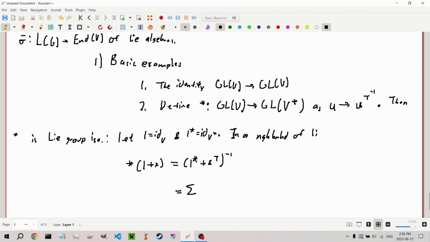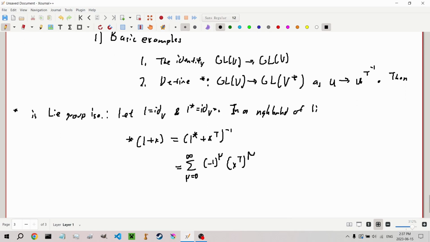Which is the sum over mu from 0 to infinity of -1 to the mu times x transpose to the mu, which is 1 star minus x transpose plus higher order terms as you do.